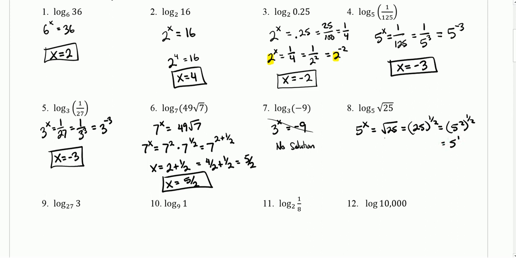Now there's an easier way to do this. We knew that the square root of 25 is just 5, so we could have also just taken the square root of 25 and got 5 to the 1. Either way, our exponent x is equal to 1.